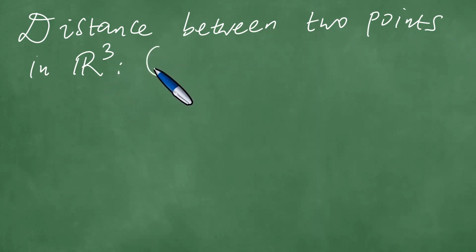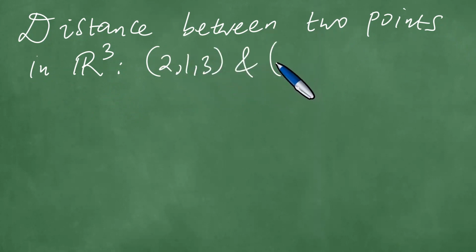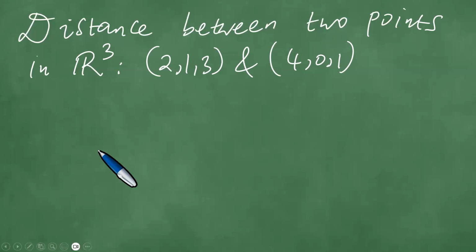And the points are (2, 1, 3) and (4, 0, 1). What is the distance between these points?